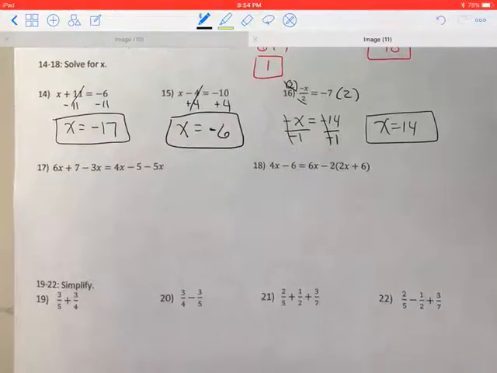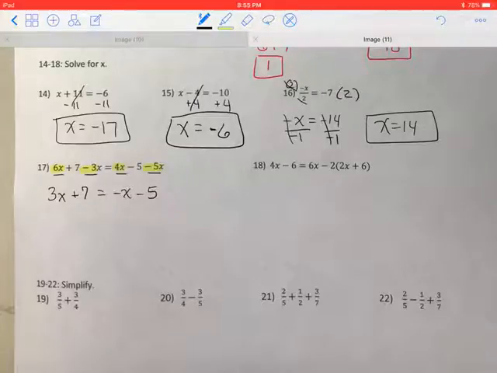All right, so 17 and 18 are slightly more difficult equations. Notice on the left-hand side, I do have some similar terms. And then on the right-hand side, I have some similar terms. So I'm going to combine these first. 6 minus 3 gives me 3. So the left becomes 3x plus 7. On the right, 4x minus 5x, that's -1x, or just -x, minus 5.